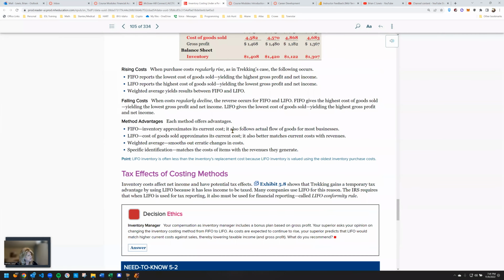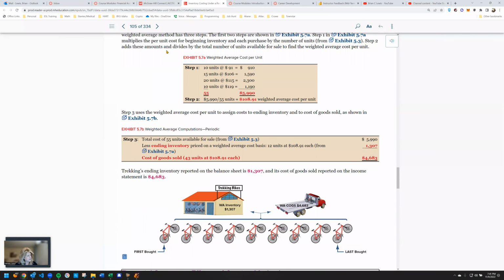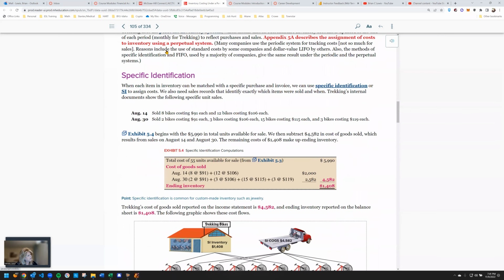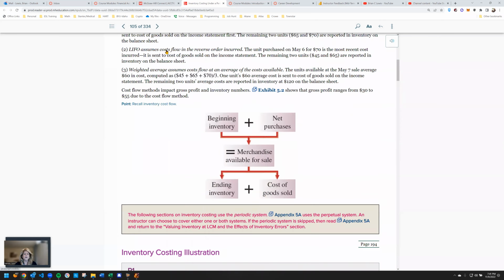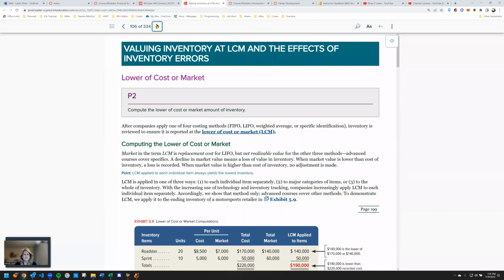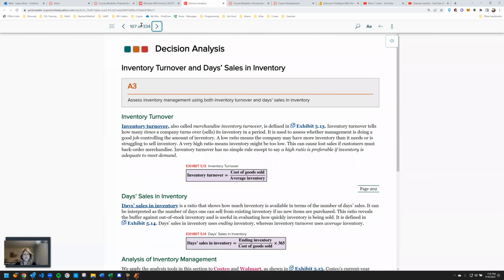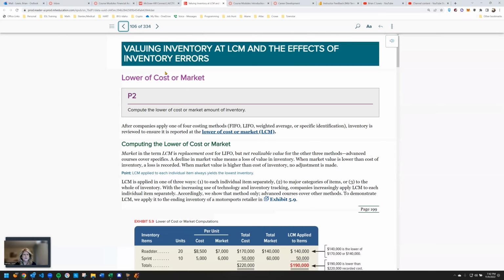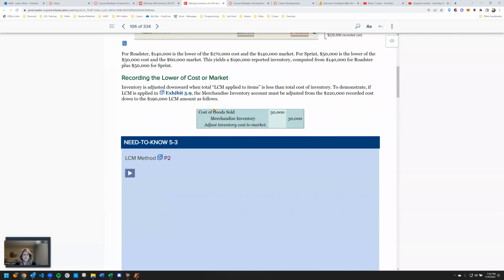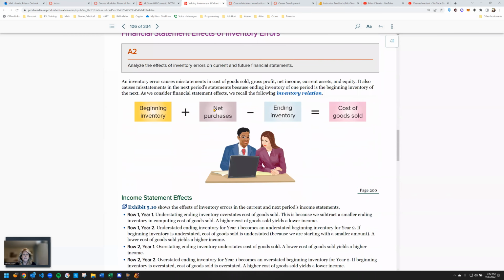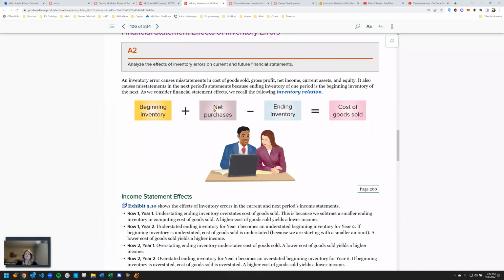It's not right here. I think it's the next one, a little farther, past lower of cost or market. There we go, just a page or so before this. Effects on inventory errors.